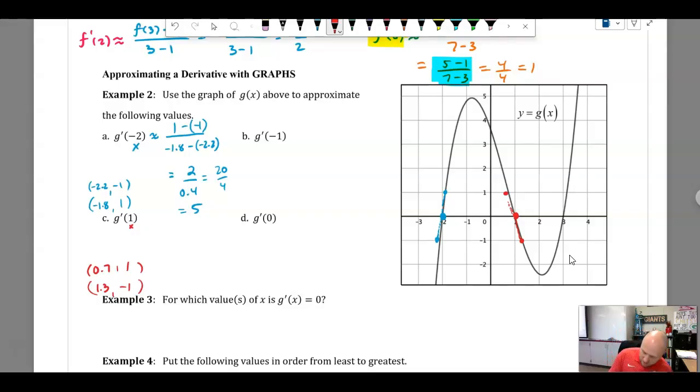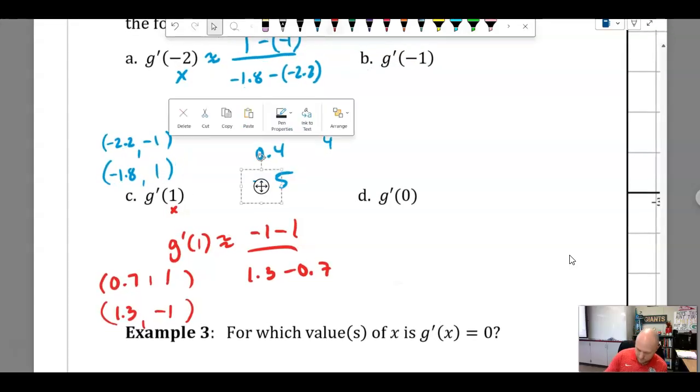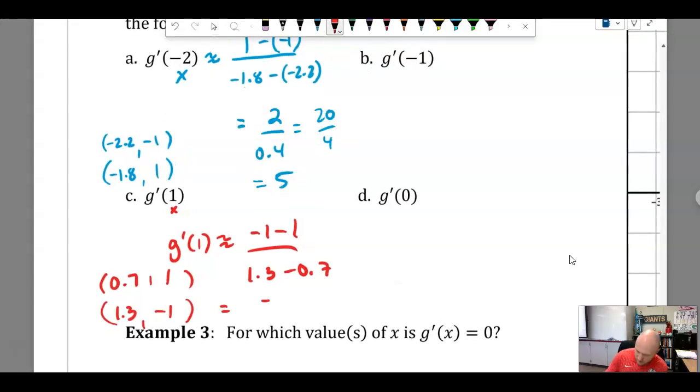So then my average rate of change, so g prime of 1 is approximately here, -1 minus 1 over 1.3 minus 0.7, which gives us negative 2 over 0.6.